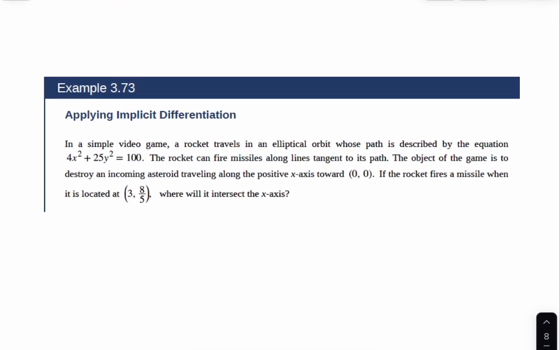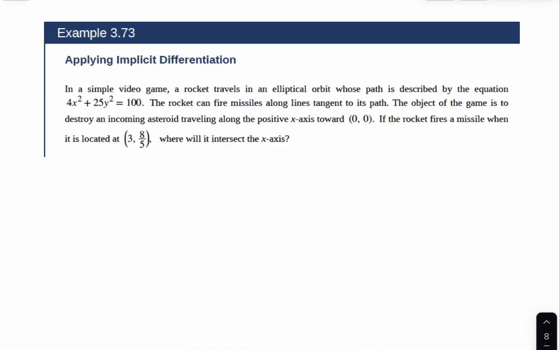Okay. Now, a lot of these will be word problems. We're inching toward the word problems. I am more concerned initially about not necessarily the word problems, but can you do the implicit differentiation? That's something I'm really concerned about.